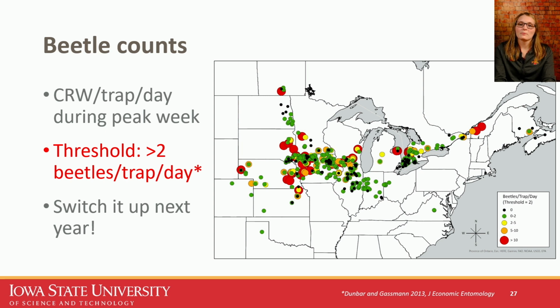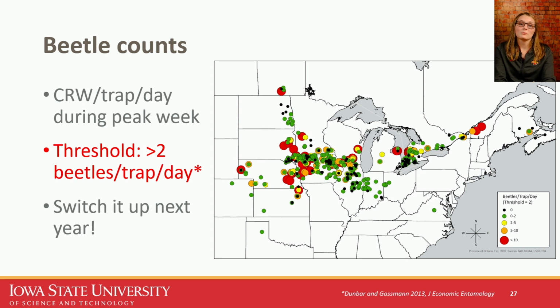And so in this map, the gray dots are where there were no beetles trapped, and the green dots indicate that 0 to 2 beetles were captured. So most of these sites are under that trapping threshold. The yellow, orange, and red sites, with red being the most beetles per trap per day, are all sites where the corn rootworm per trap per day during the peak week exceeded that threshold of 2 beetles per trap per day.